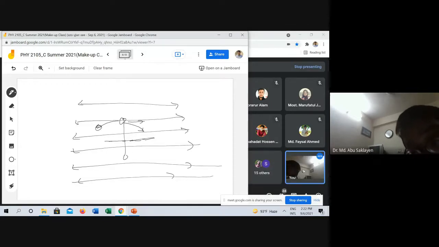One time you get it like this, another time you get it with an angle theta and with another angle theta. So the charge oscillates like this, the charge oscillates like this, right?